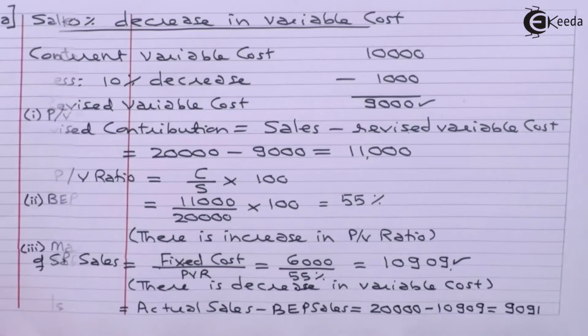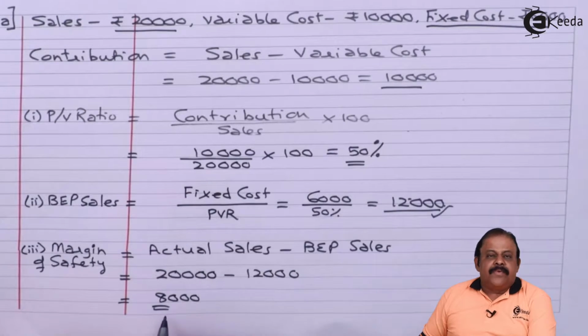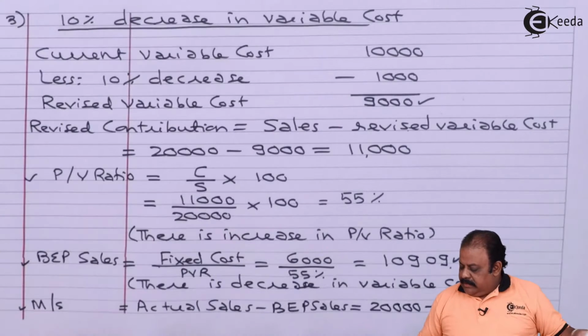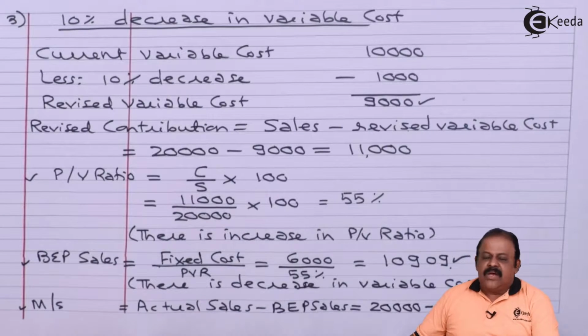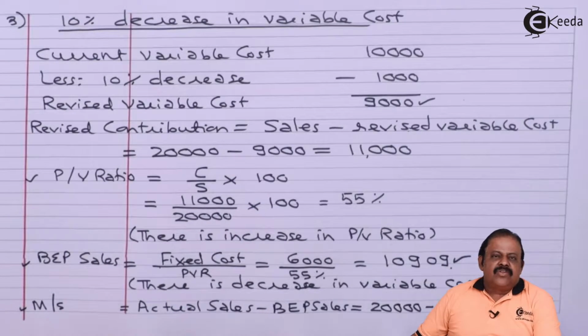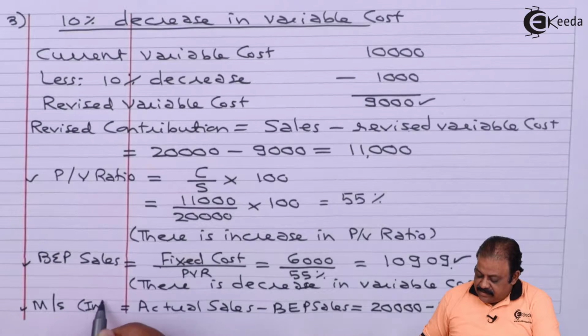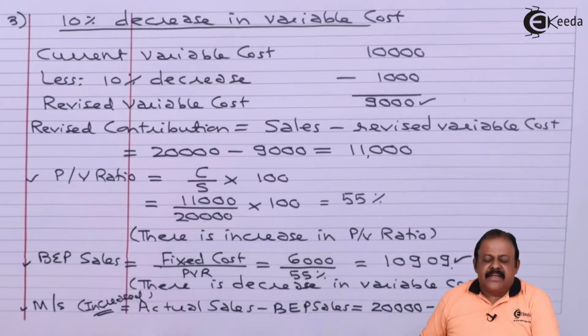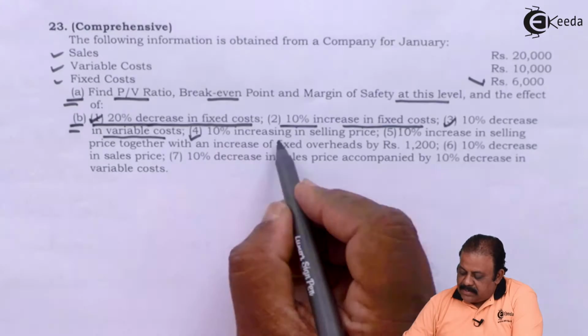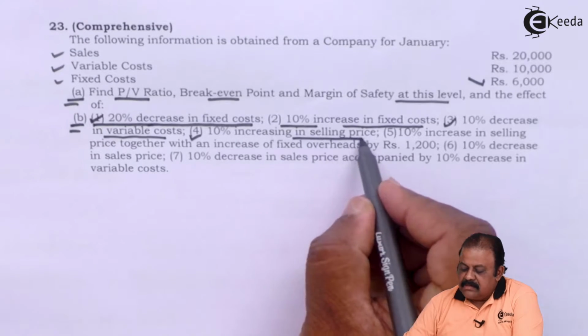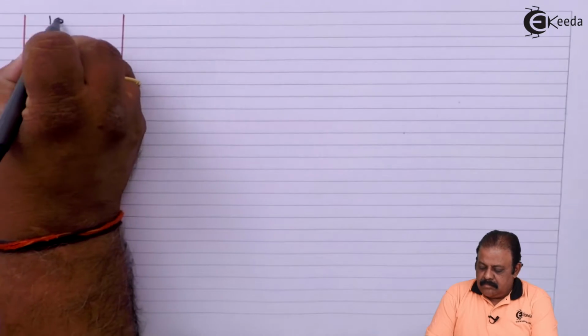So again we find that the original level was rupees 8,000. Now it has increased to 9,091. That is because of the decrease in variable cost. Margin of safety has increased.